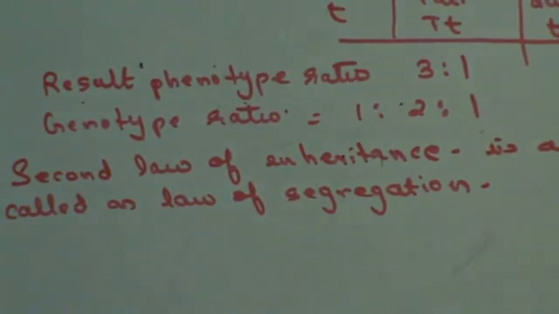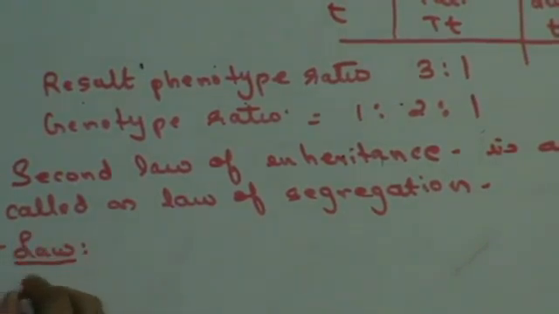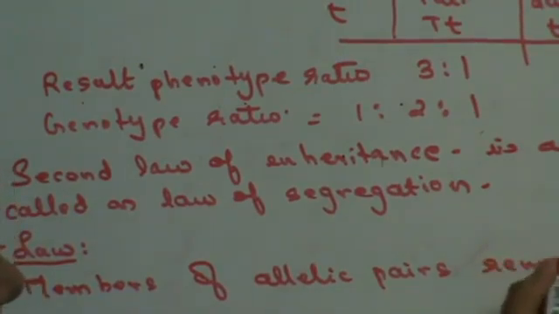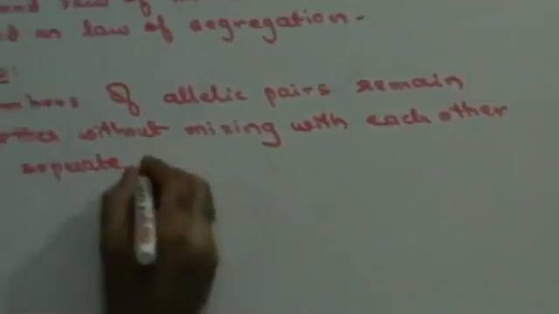Fine. Now, the law itself. The law states that members of the allelic pairs remain together without mixing with each other and separate during gamete formation.